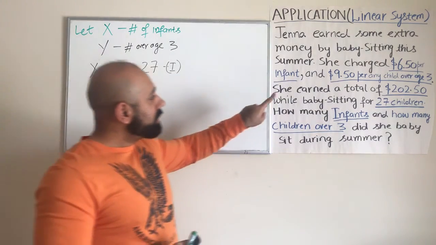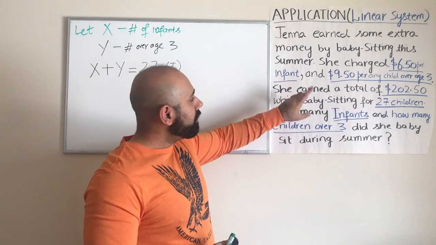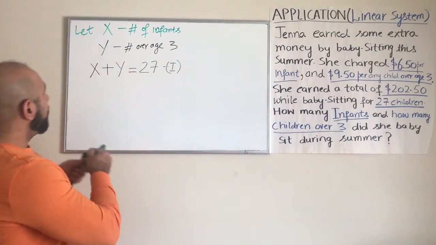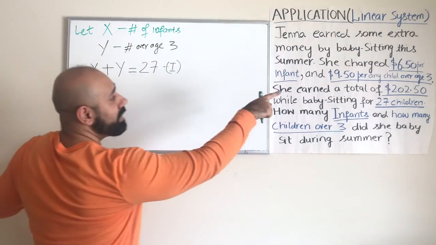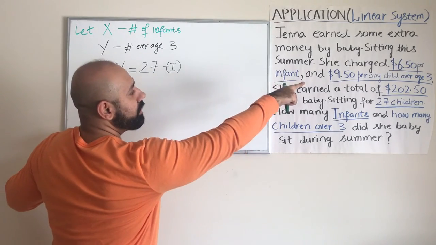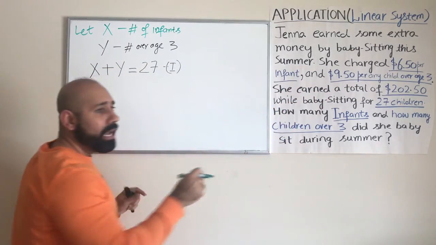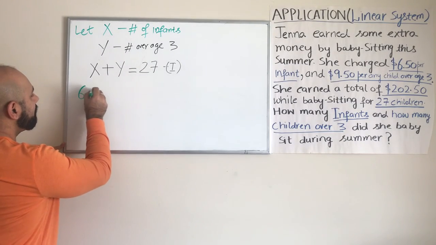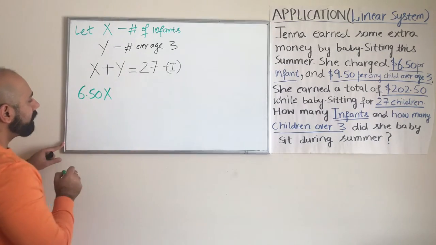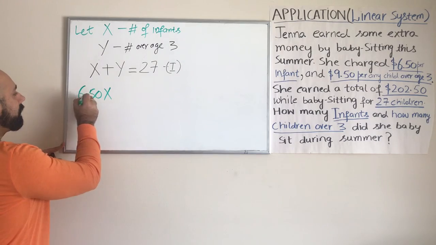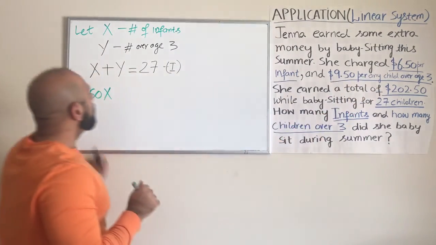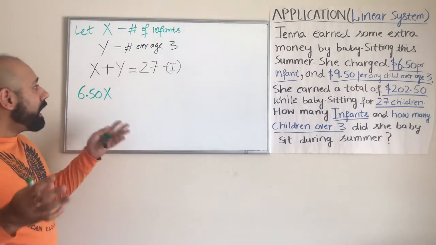Now it says $6.50 per infant and $9.50 per child, and we also know the total earning. So if there are X infants, and for each infant she makes $6.50, then for X infants she's going to make $6.50 times X. For one infant she's making $6.50, but we have X number of infants.